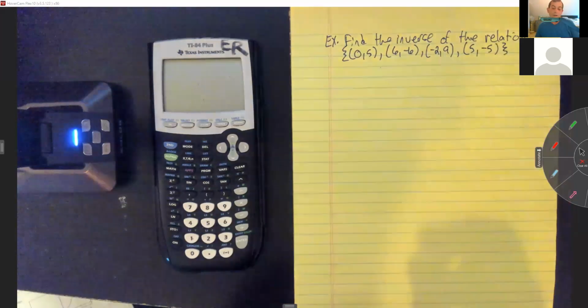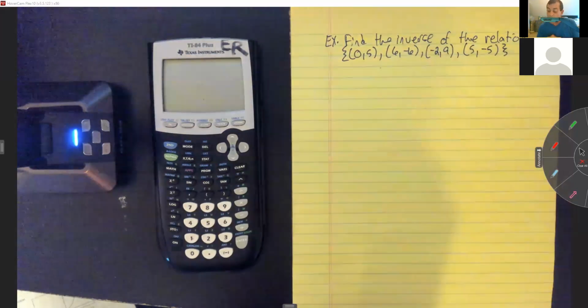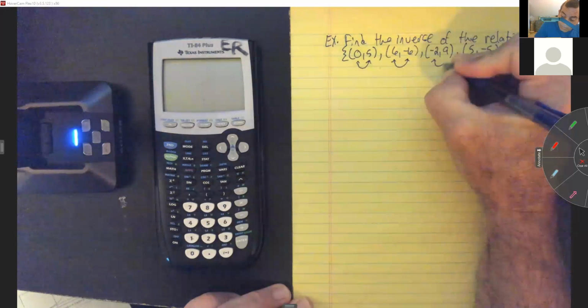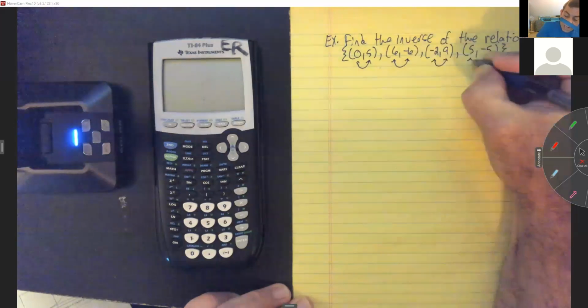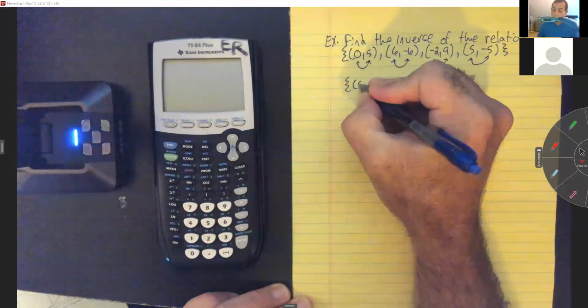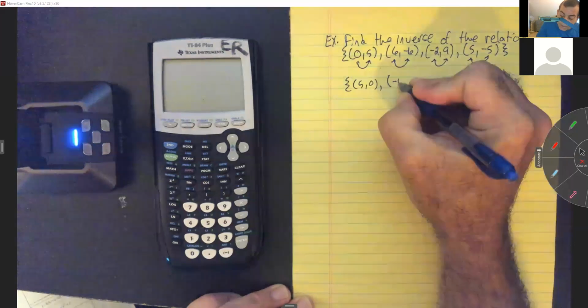So remember, we said earlier that if you had ordered pairs, all we have to do is switch the x and y's around. So I'm just going to come into each pair of these points and switch them around. So on my answer, we'll get (5, 0) for the first point. This one will give me what?